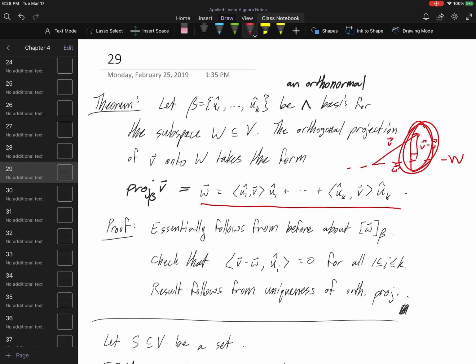Okay, so in particular, we know just by how we create these orthonormal expansions that this is the complete picture for what W is. It's going to be whatever the orthogonal expansion was. You're going to project this vector down onto the W space, and then break up that new vector into the u1 through uk hat vectors. And that can only be done in one way.